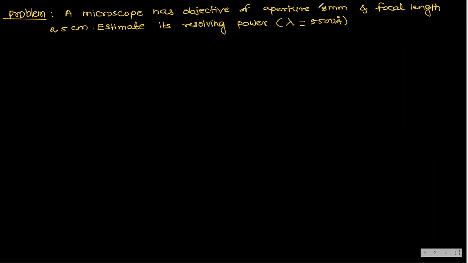Now how will we do this? See the problem. A microscope has objective of aperture 8 millimeter and focal length 2.5 centimeter. Estimate its resolving power given that lambda is equal to 5,500 angstrom.